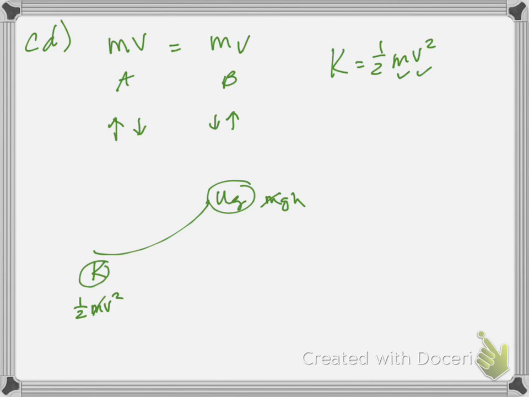So how does the rubric go there? We get 1 point for saying disk B goes higher, 1 point for using conservation of energy, 1 point for saying that the disk with the greater kinetic energy will have the greater final gravitational potential energy, 1 point for indicating that the mass terms cancel and don't affect the height, 1 point for saying that the disk with the greater gravitational potential energy goes higher.